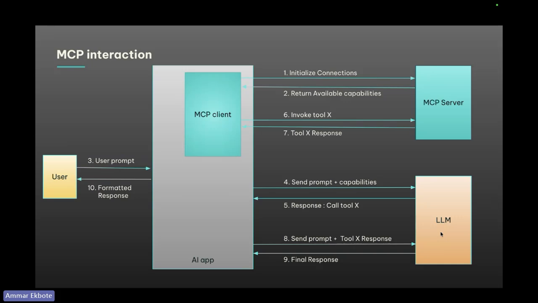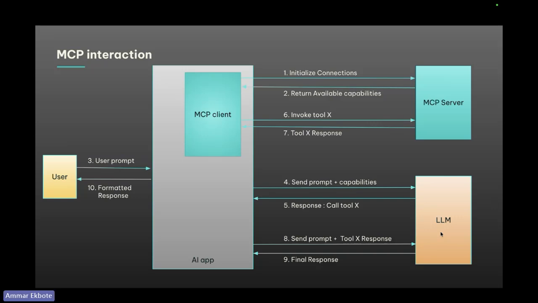Let's say it's an Azure MCP server, it might interact with the Azure APIs and fetch that information for us. It might also mean interacting with downstream API servers, making those calls and returning those responses. But at the end, the MCP server does all the actions that are needed and returns the response back to the MCP client.